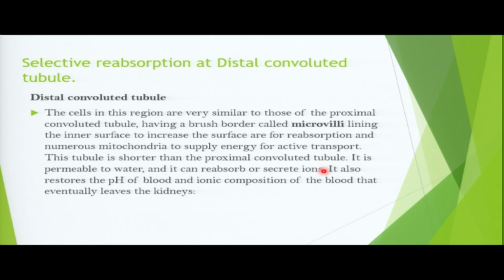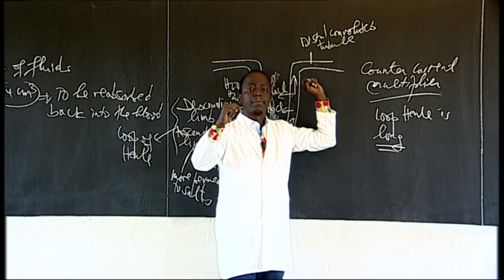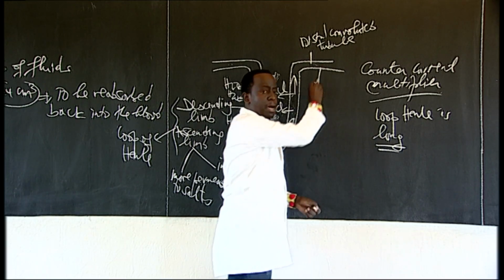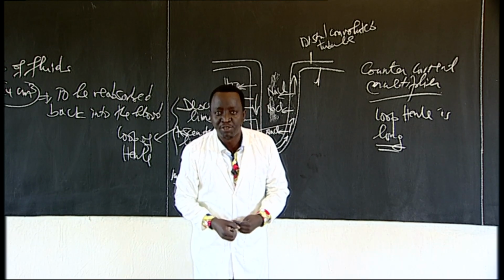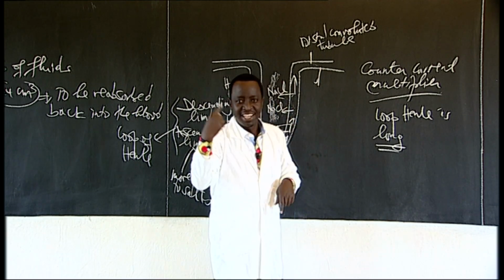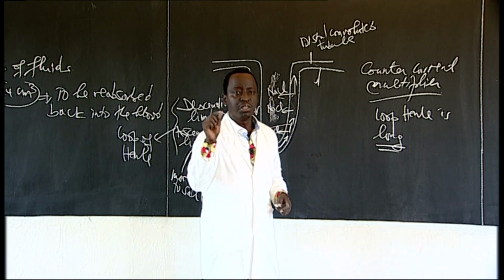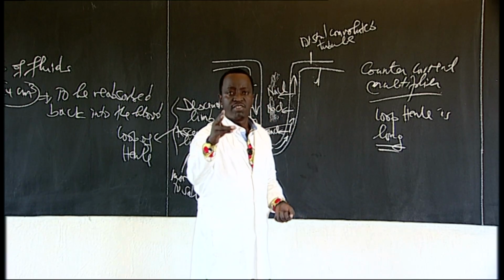You can ask what happens at the distal convoluted tubule. Yes. So this distal convoluted tubule is where our filtrate reaches. This is permeable to both water and what? And salt, which means it can allow water to go back into the blood, and also salts. But it will depend, because for this to work, it needs what? The hormones.